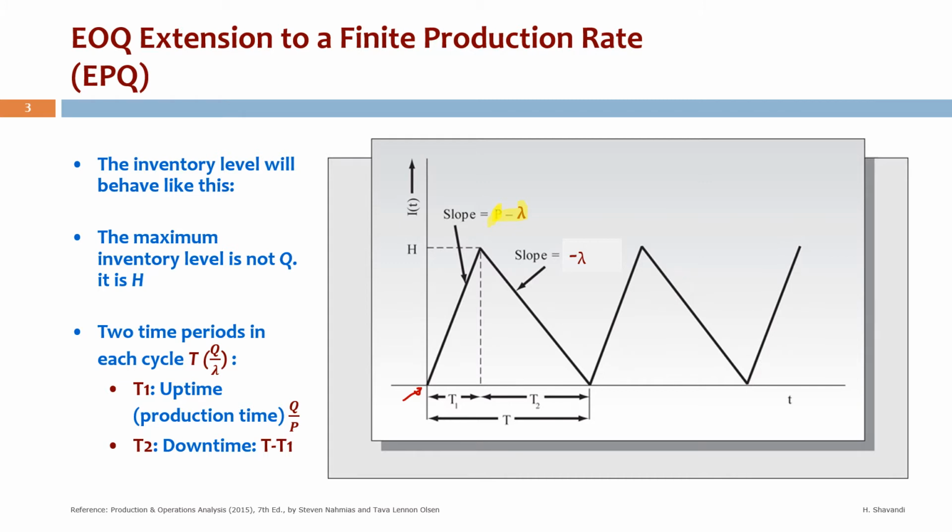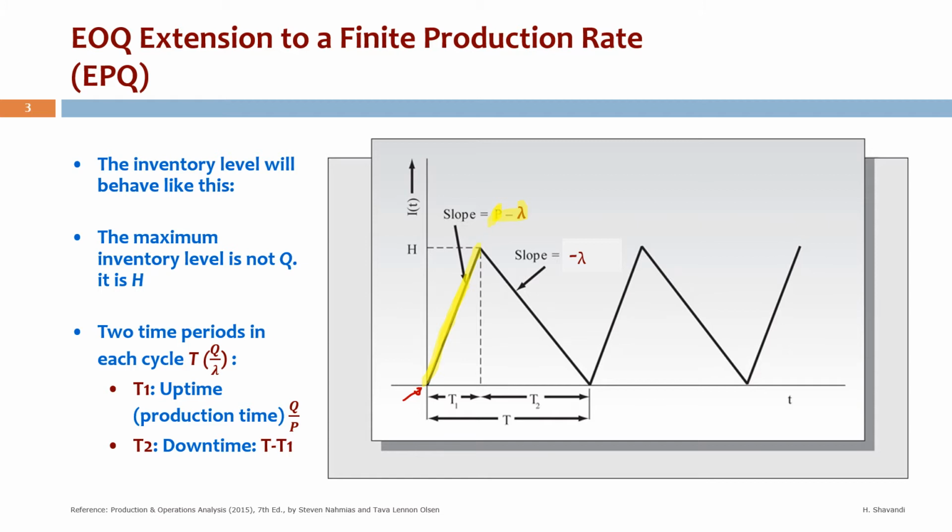So with the rate of P minus lambda, the inventory level increases, with this slope, until the time that we stop production, because we have produced Q units.